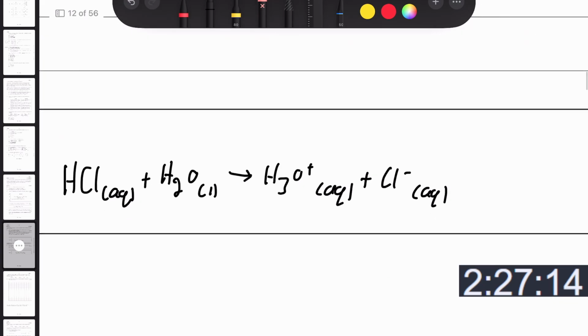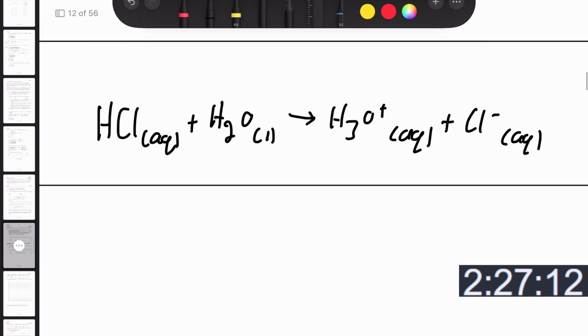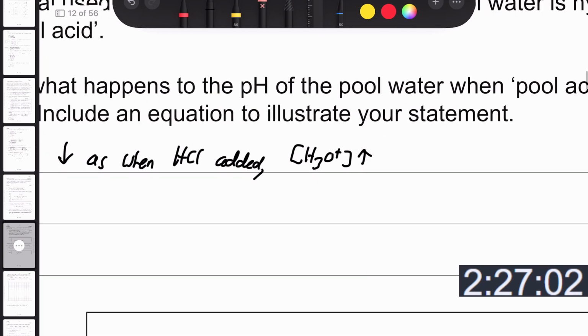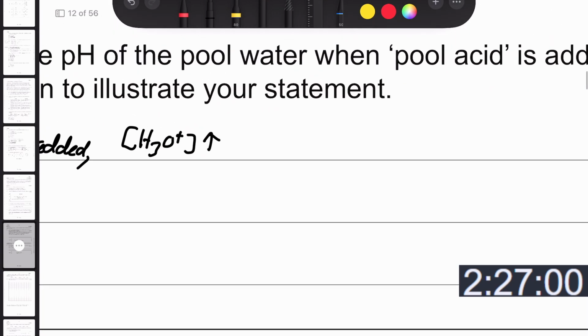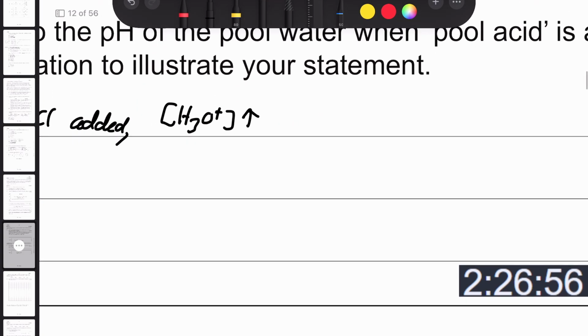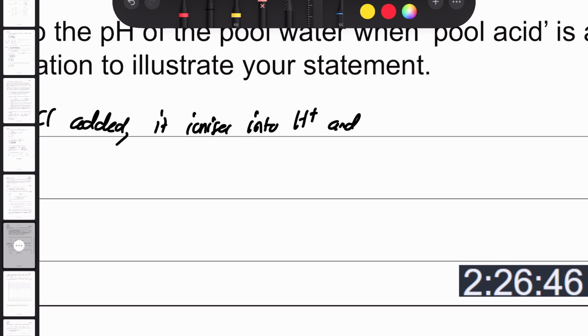Wait, does this need to be an ionic equation? Maybe. I'll just do that. So HCl aqueous dissociates, ionizes to H plus and Cl minus.